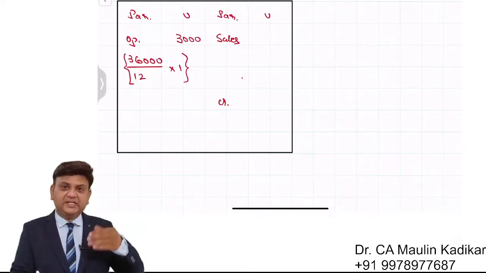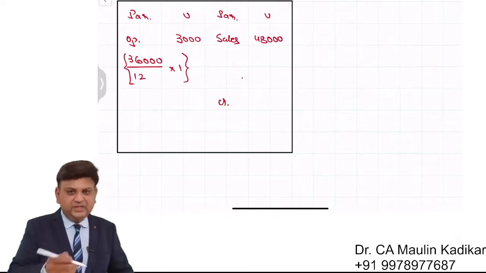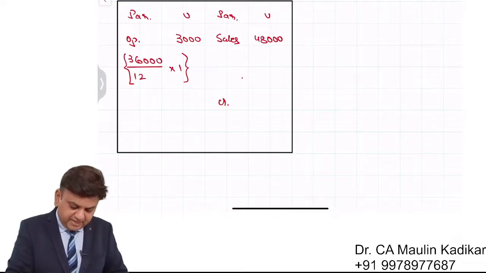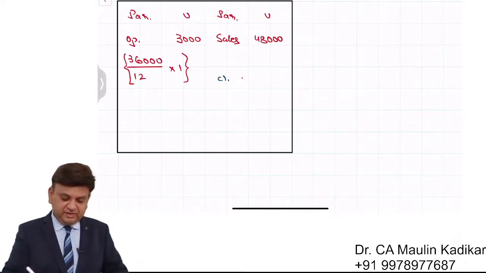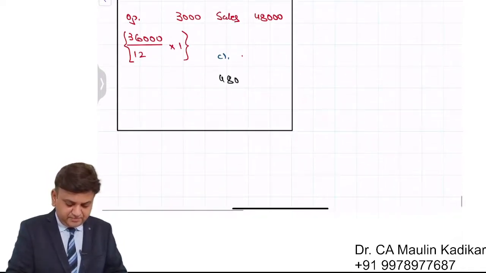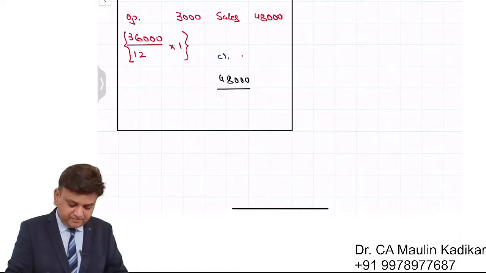This time we are increasing the activity level to 48,000, for which we have already prepared a detailed working note. Sir, the closing would be calculated based on this year's activity level. So 48,000 divided by 12 into 1, so the closing would be 4,000.